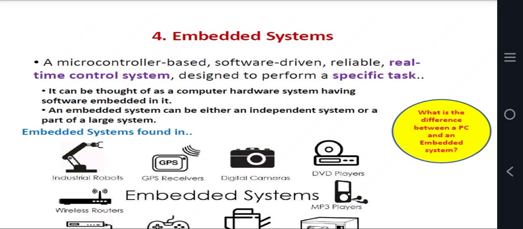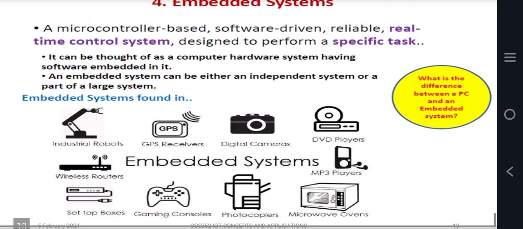It can be thought of as a computer hardware system having software embedded in it. Some examples of embedded systems are industrial robotics, GPS receivers, digital cameras, DVD players, wireless routers, set-top boxes, gaming consoles, photocopiers, and microwave ovens.